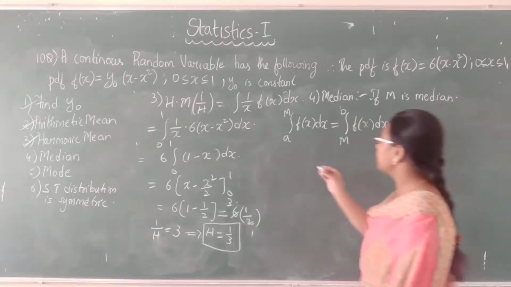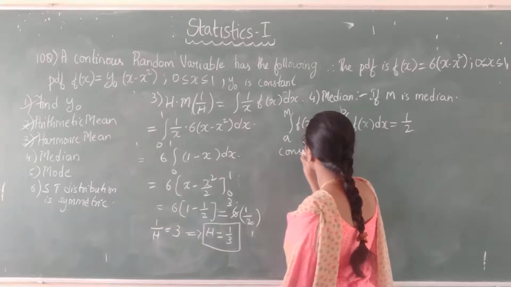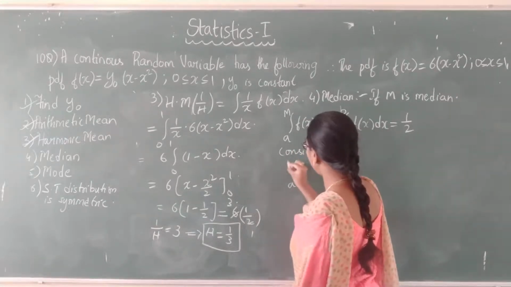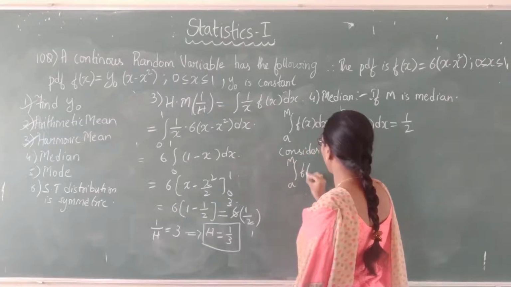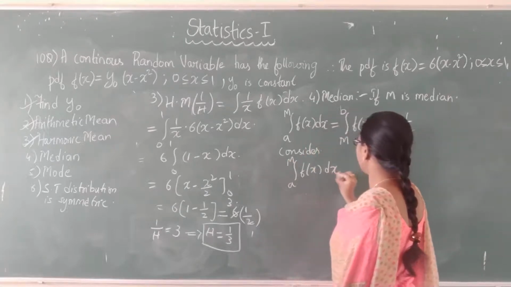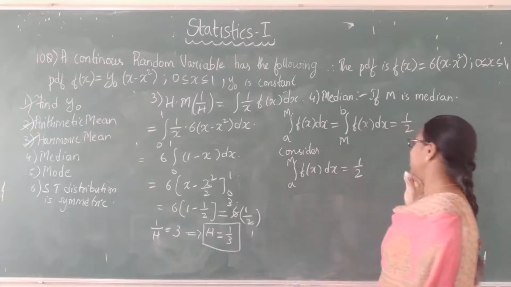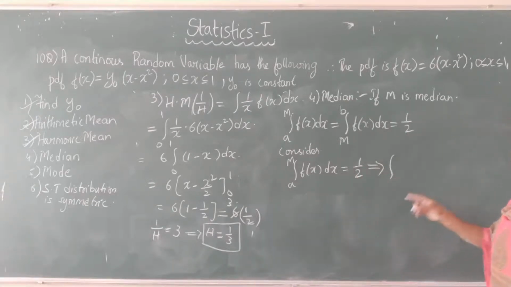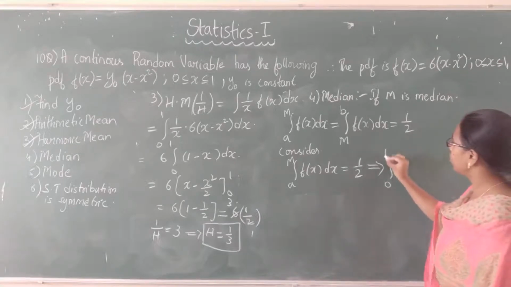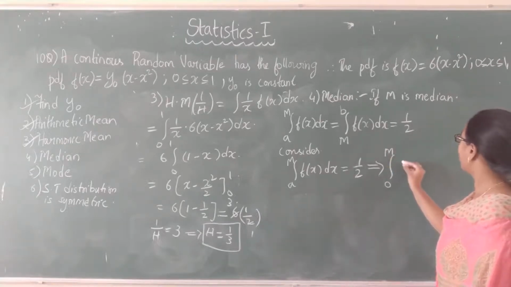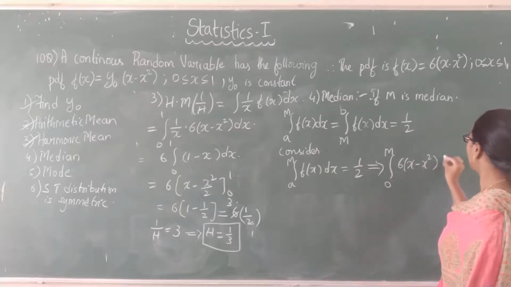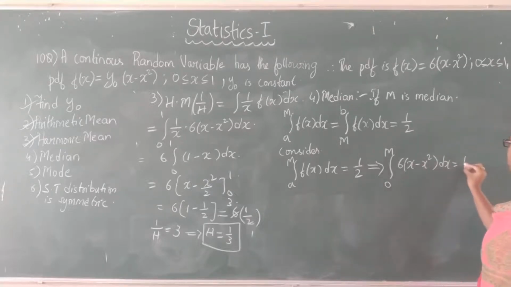So I consider the integral over a to m of f of x dx equals 1 by 2. So what does it mean? Integral over, what is the lower limit here? 0 to m. F of x value is 6 into x minus x square dx equals 1 by 2.